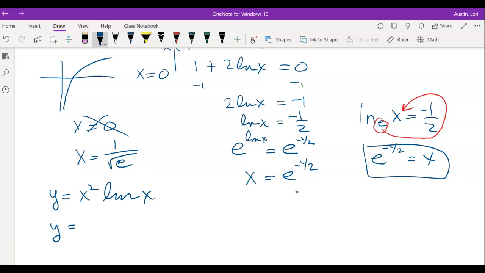But you can do this one. So what do we have for x? We have 1 over the square root of e, squared, times ln of e to the negative 1/2. Let's write it this way: e to the negative 1/2 squared, times ln of e to the negative 1/2.